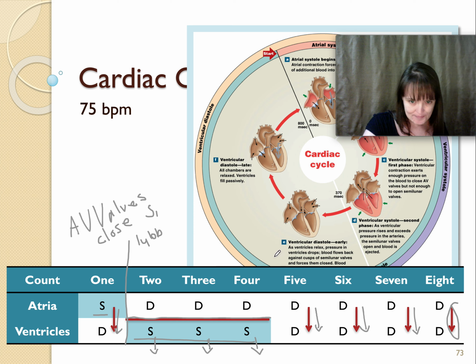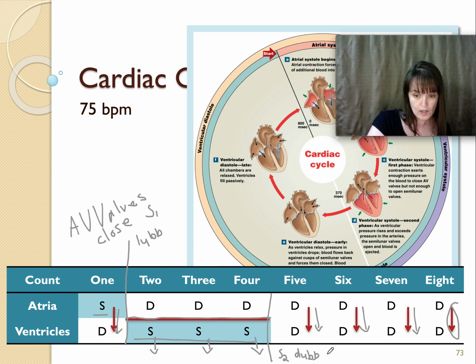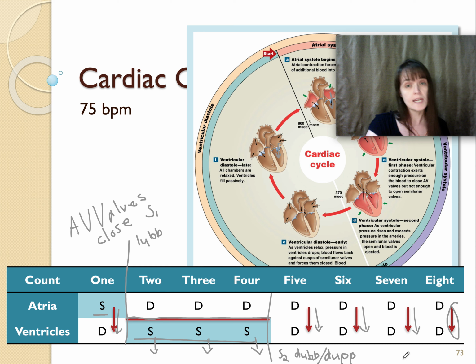And then here is S2, which is dub, although they have changed it to dup. And you can take dub and my Oxford comma out of my cold dead hands. But there you go.